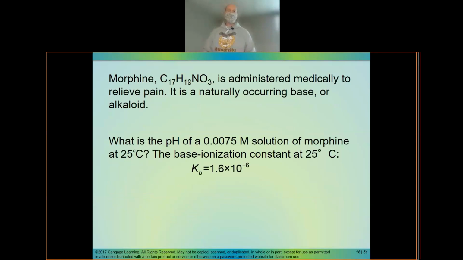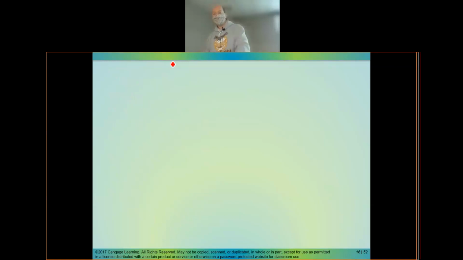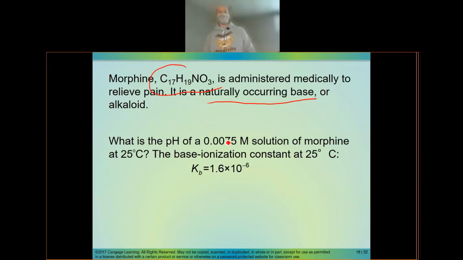All right, so morphine. It is a naturally occurring base. So you can write this whole thing out with your reaction. I am not going to. I am going to call that A minus, and this is where you might prefer the way that they do it, because they're going to call it B. B is a better symbol for this because it doesn't have a charge.